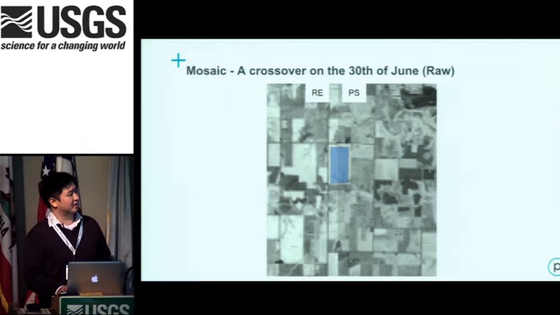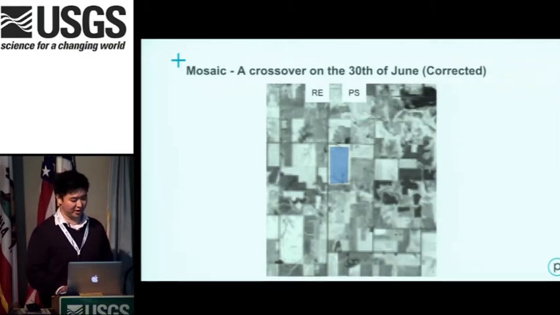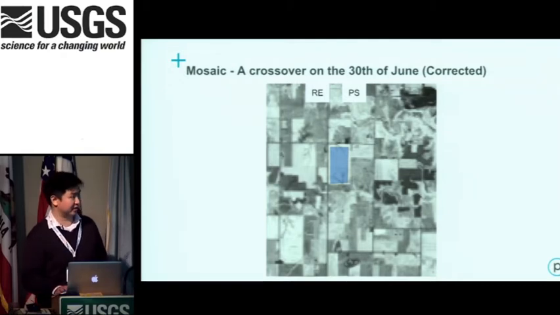And again, this is the raw result for that field, and then this is the corrected result. I'm not sure how clear it comes out, but hopefully there's less of a mosaicing artifact when you look at them.